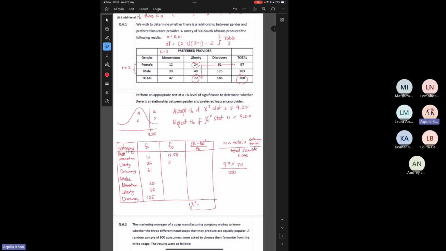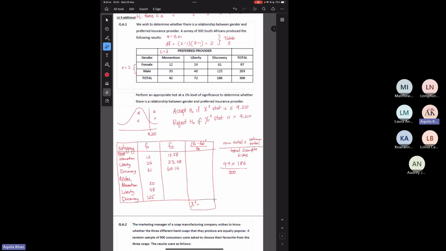So this is now 23.28. Now let's move on to the next one. The row total is 97, the column total is 186. So it's 97 times 186, divided by 300. And that's 60.14. And then we're done with the females.